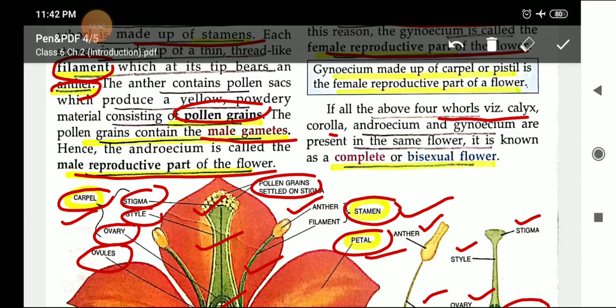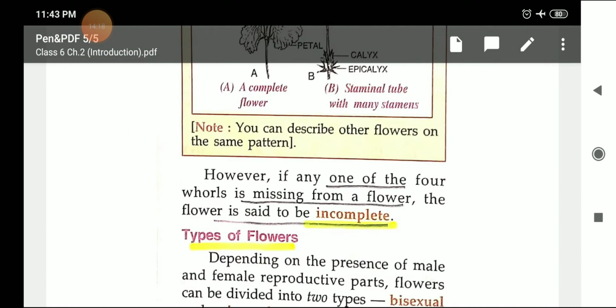Calyx, corolla, androecium and gynoecium. Or you can say sepal, petal, stamen and carpel. So if all these four whorls are present in a flower, then we can call it a complete flower, in which all the four whorls are present.